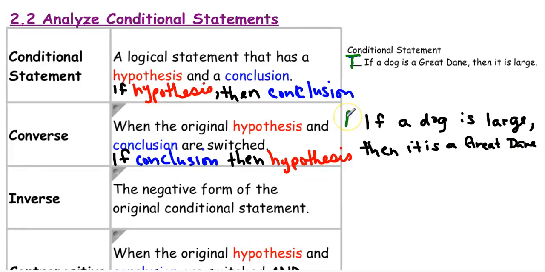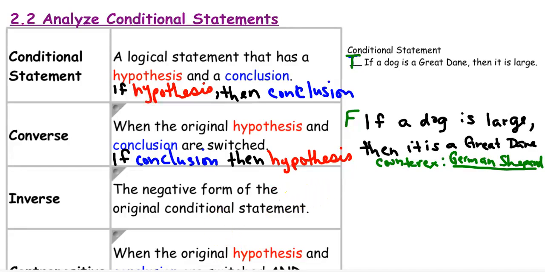So here I would say false, and I want you guys to write in what type of a dog would make this the counter example. So I'm saying false, and I'm going to pick a German Shepherd. But you guys write in whatever you think would make that a false statement.